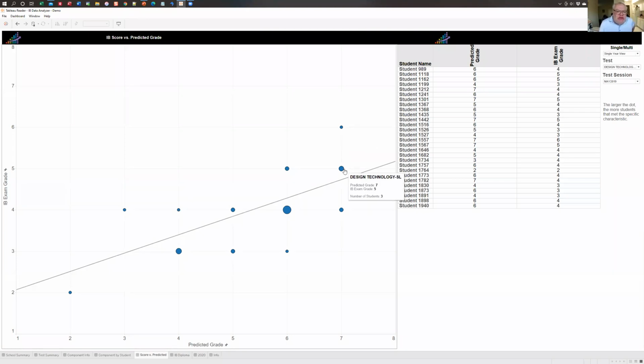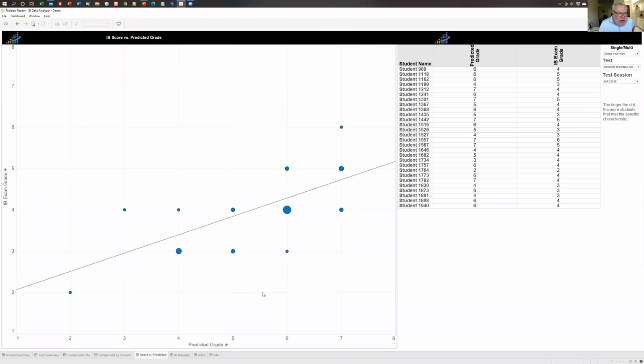These 3 students were predicted as 7 and earned a 5. These 2 students were predicted as 7 and earned a 4. So if you look at this group, this is a consistent over prediction, which is what the variance told us from the other graph. But you're seeing that these predictions are kind of consistently out of alignment with what the student actually scored.